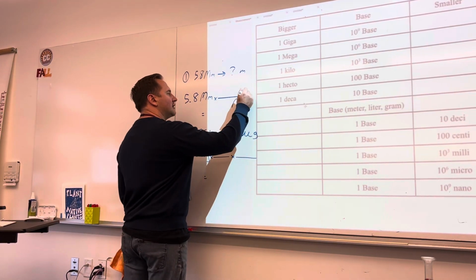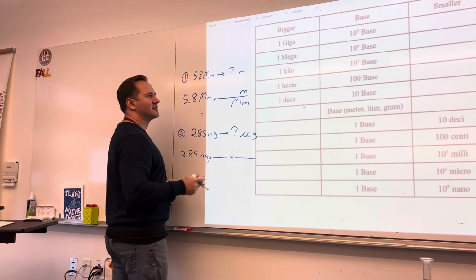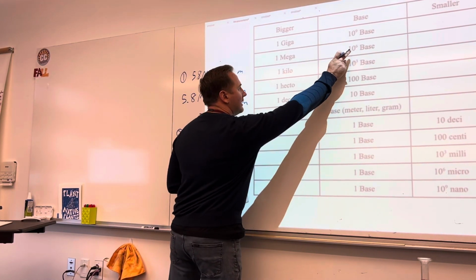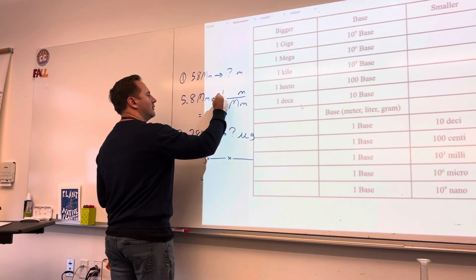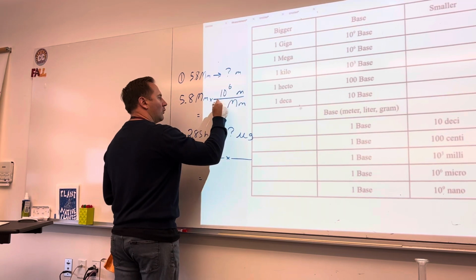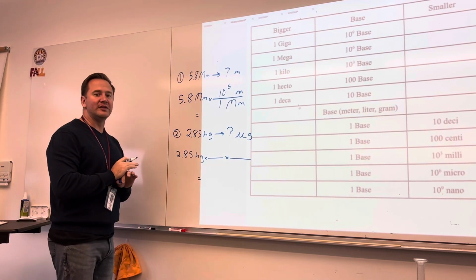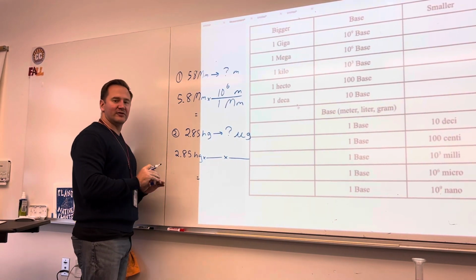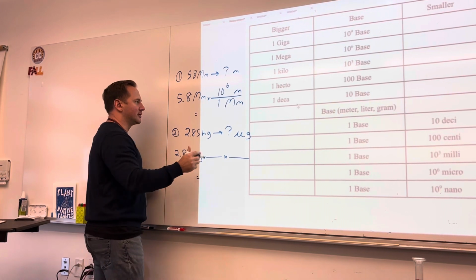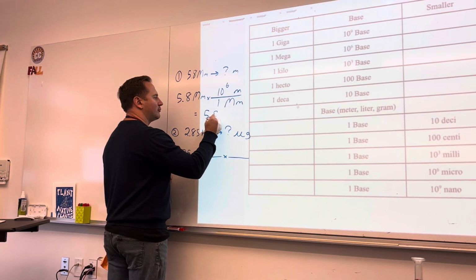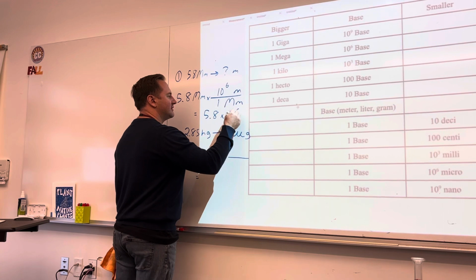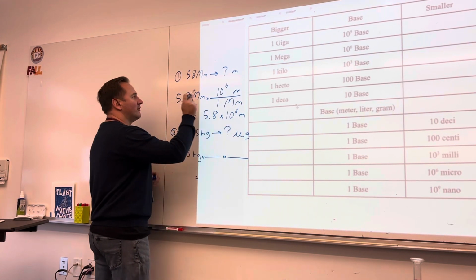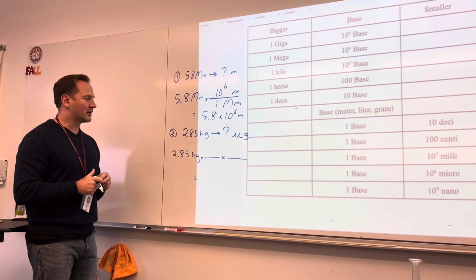I can directly relate meters and megameters, and I can say that I have 1,000,000 meters in 1 megameter. I'm going to point out that these do not impact sig figs as these are absolute relationships. So the answer to this would be 5.8 times 10 to the 6th meters, which is equivalent to 5.8 megameters.